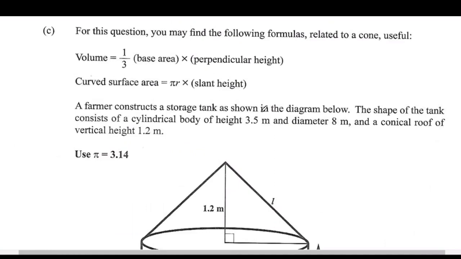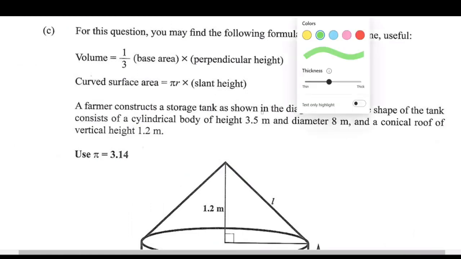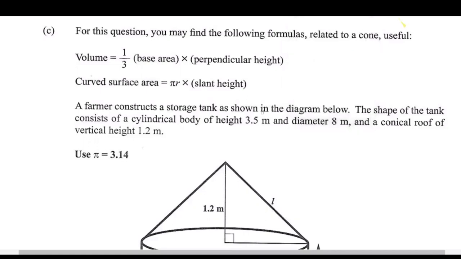One of those measurement questions, one has to take some time just to look. Right, it says for this question, you may find the following formulas relating to the cone useful. All right, so we're getting some formulas out.